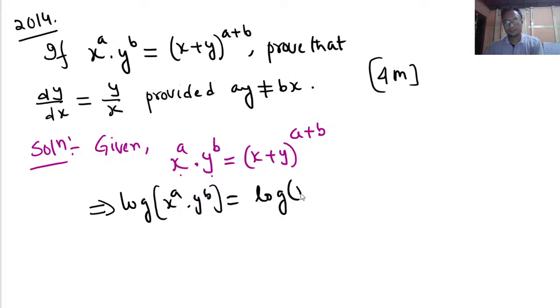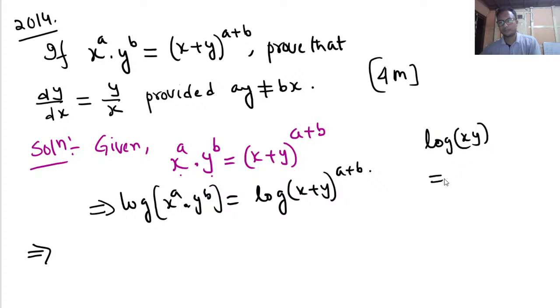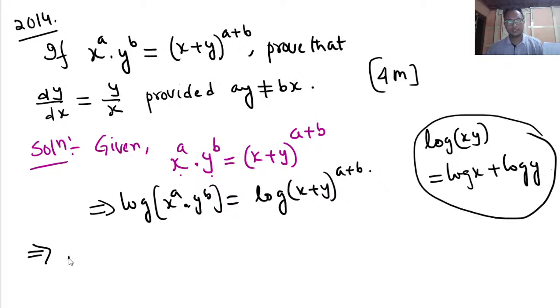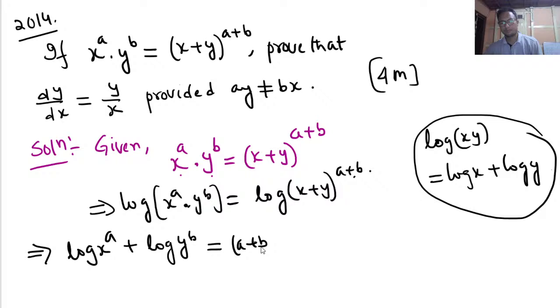this implies, this is the product of two functions. So log of x into y is log of x plus log of y. In this we will say log of x to the power a plus log of y to the power b equal to a plus b log of x plus y.